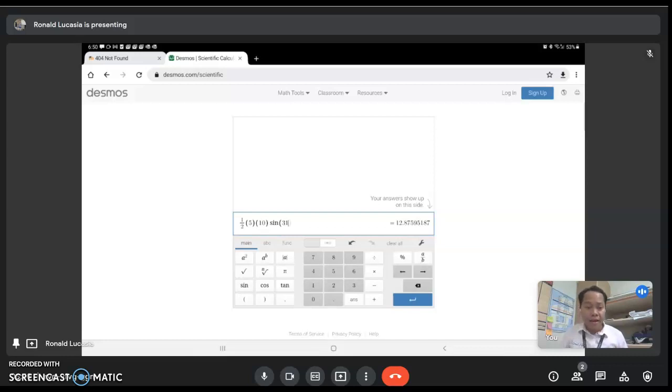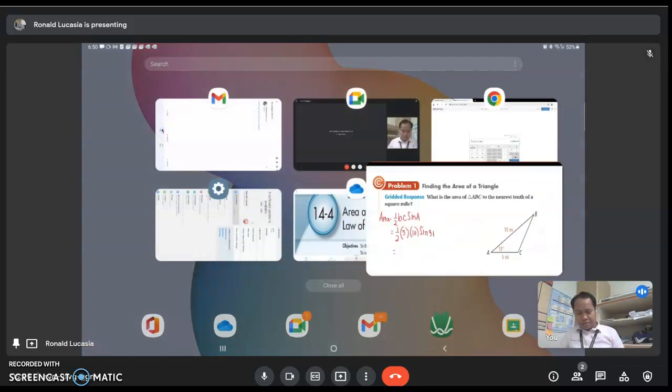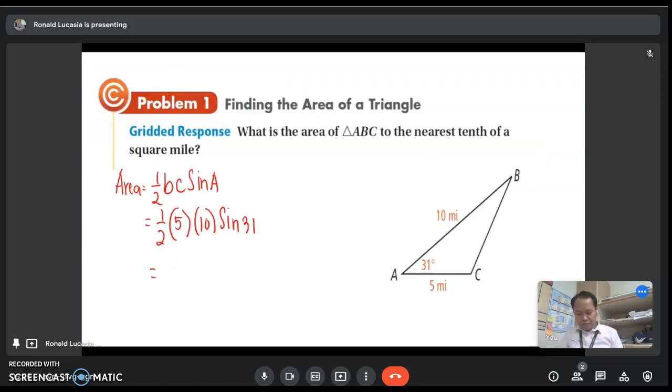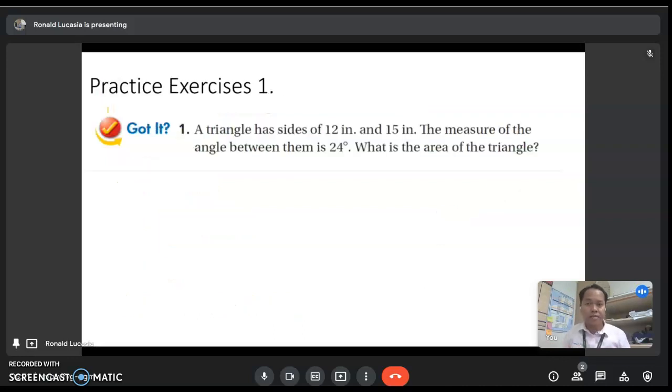Approximately, rounding your answer to the nearest tenth, it's 12.9. So approximately, the area is about 12.9 square miles. Okay, so try to answer practice exercises number 1.